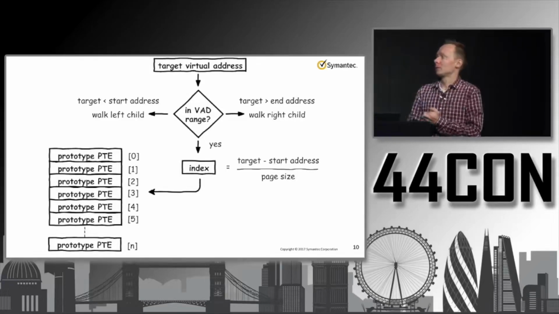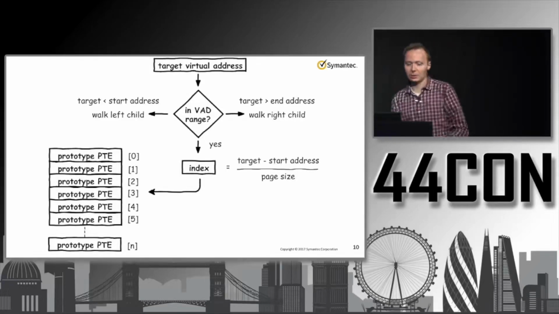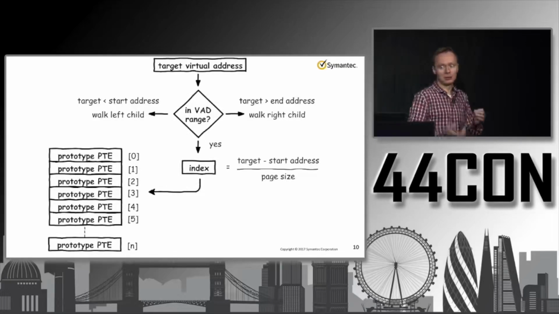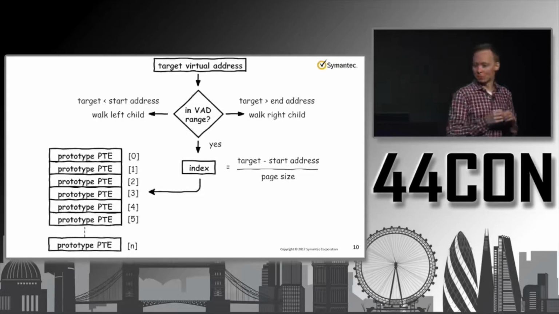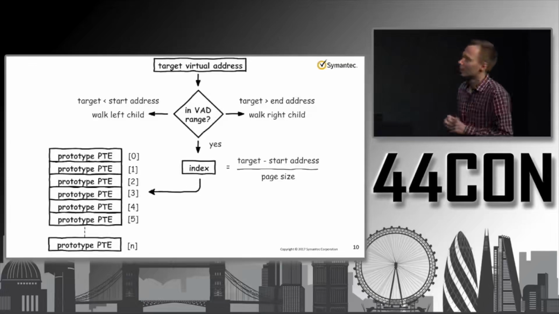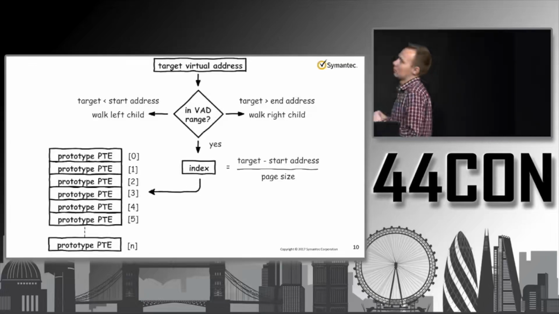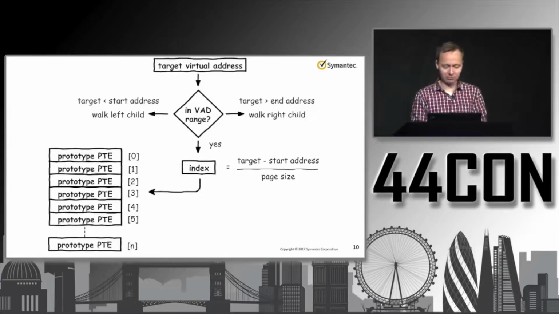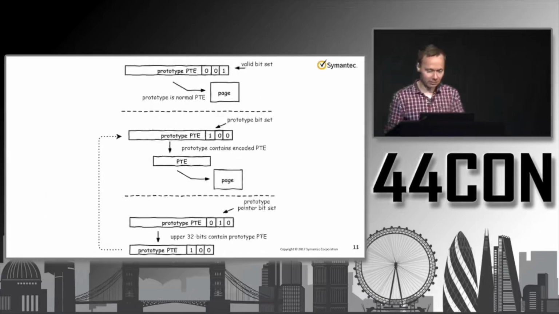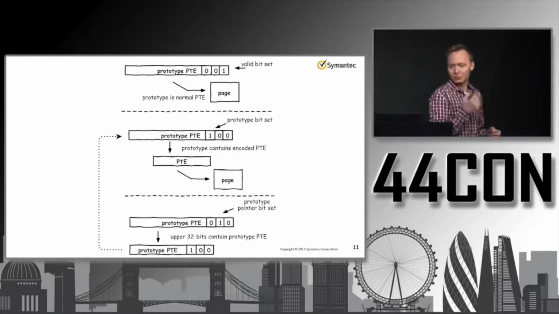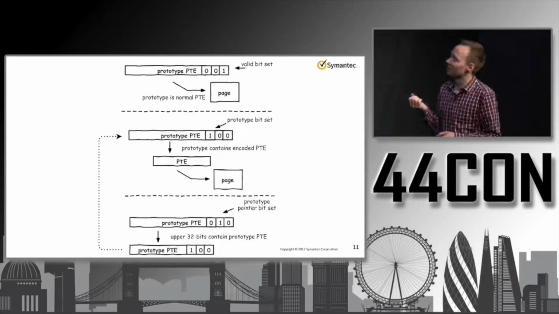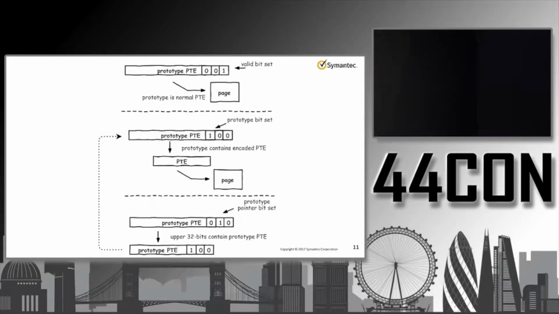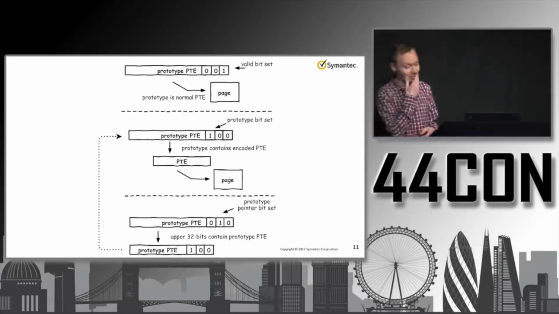So there's this array in memory containing something that Windows dreamt up, and they called it the prototype PTE. So you basically find the prototype PTE related to that target virtual address. You grab it, and then my next challenge was figuring out what on earth is a prototype PTE, which I struggled with for some time.